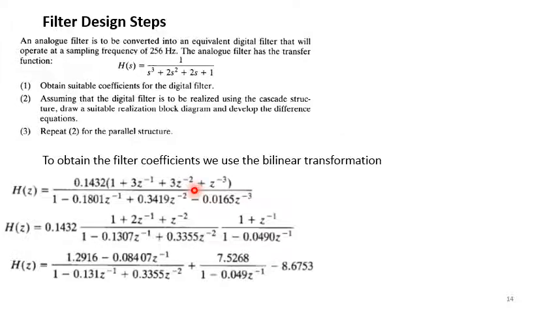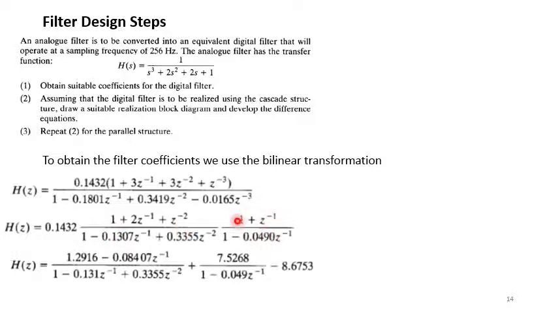Again, because we are asked to realize using the cascade structure, we need to express this system function in the factored form. Expressing this in the factored form, we'll get something like this.